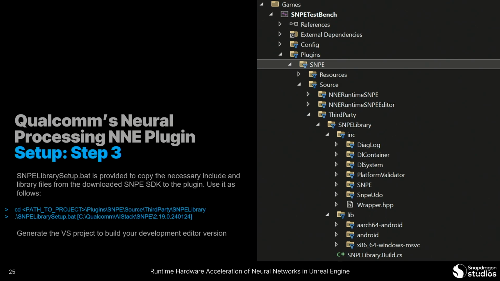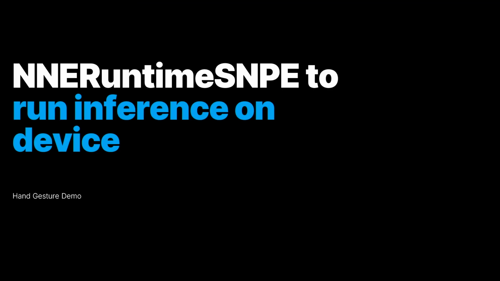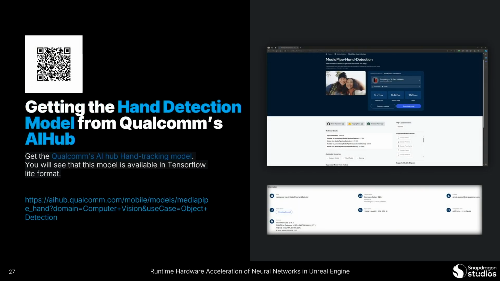Now I want to show you how to run these models on Unreal, and let's go step by step from the moment you grab a model. In this case, we're going to grab it from our Qualcomm AI Hub.